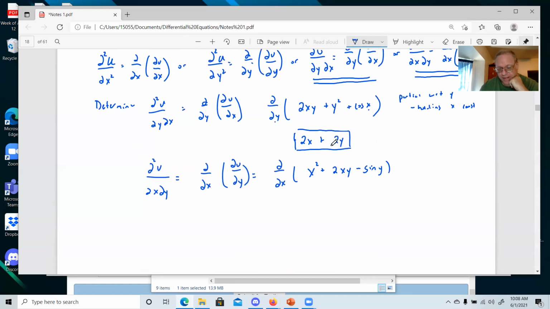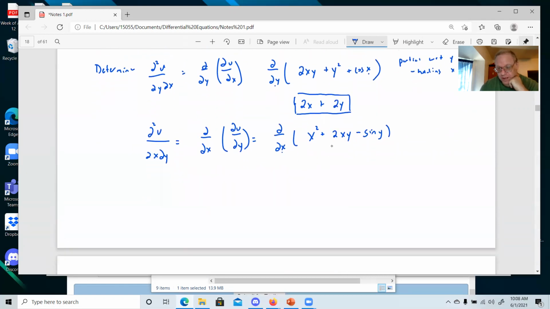Again, we're taking the derivative with respect to x, holding y constant. That's like the first derivative you learn, right? That's 2x, plus. And then we're holding y constant, so we're just taking the derivative of 2x, so we just have 2y here. And then x does not care what y is doing because y is considered constant. So this term here is constant, so that's just going to be 0.